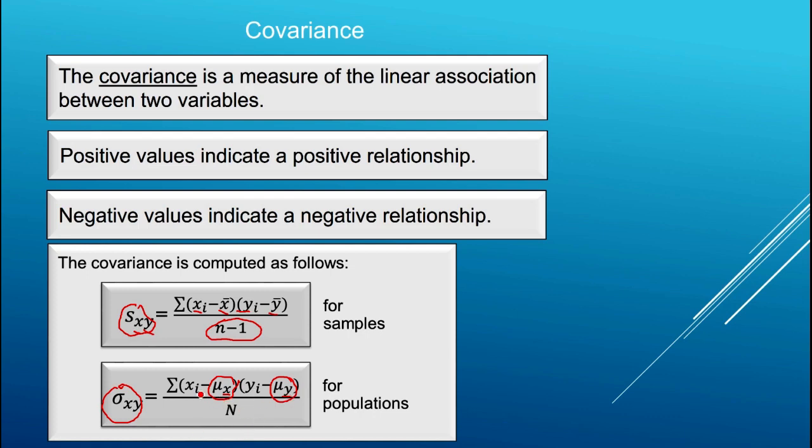Once we have calculated the deviation of every value in the population from its mean for both x and y and found the products, we add all of those values together and we divide by capital N, which we know stands for the number of individuals or observations that are in the entire population.